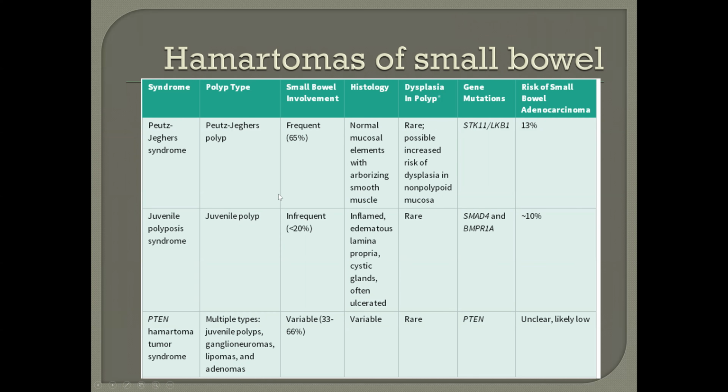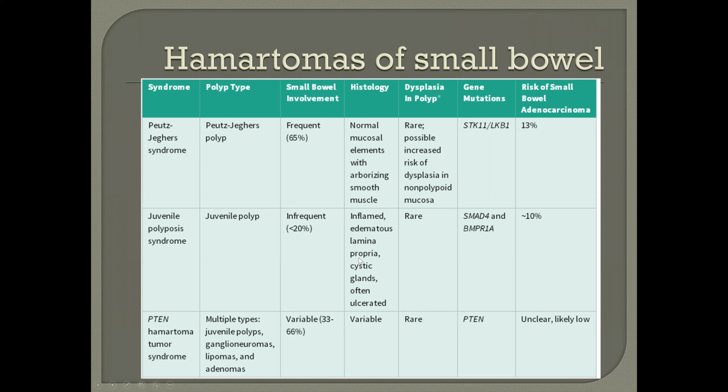With the Peutz-Jeghers polyps, the key difference is the arborizing smooth muscle, whereas juvenile polyposis syndrome tends to have an edematous lamina propria and cystically dilated glands. It may have some ulceration and granulation tissue-like stroma as well.